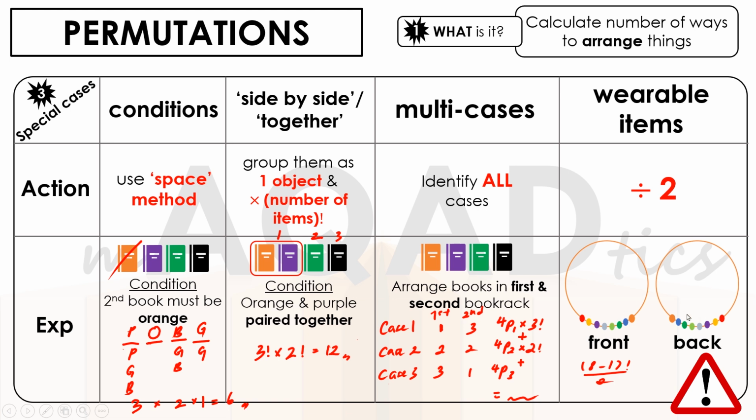Here it looks different because we are looking from a different perspective. But I didn't change any of the arrangement of the beads. I just changed my view of the bracelet. So in calculating arrangements, these 2 are considered as 1. 2 arrangements considered as 1 arrangement. That's why we need to divide by 2 to remove these kinds of cases. So from 2 arrangements, I just consider 1 of the arrangements.